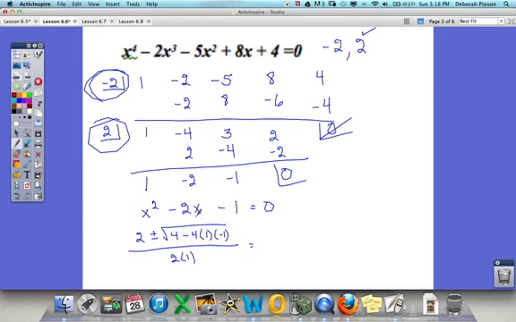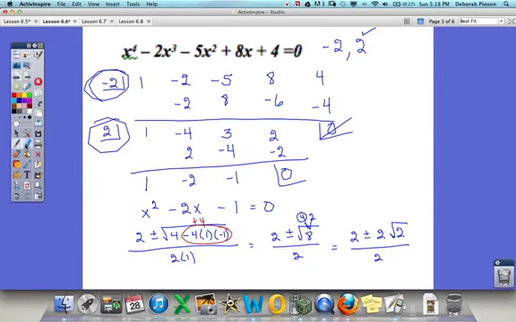Okay, so going through to simplify down right here, I have 4 plus 4, which means I have 2 plus or minus square root of 8. And I'll simplify down the square root of 8. Now you'll notice no negatives inside my square root because there's no imaginary numbers this time.